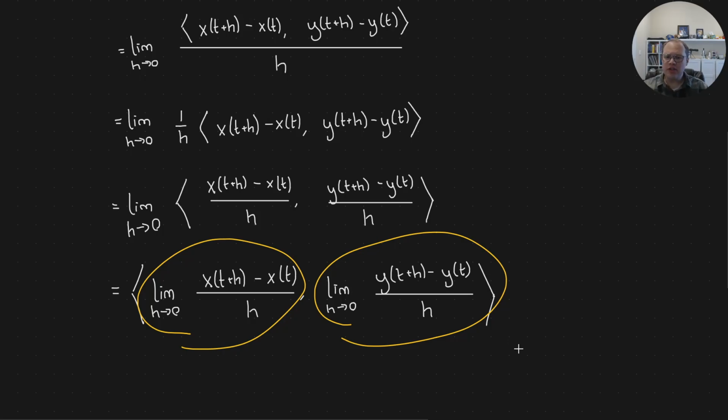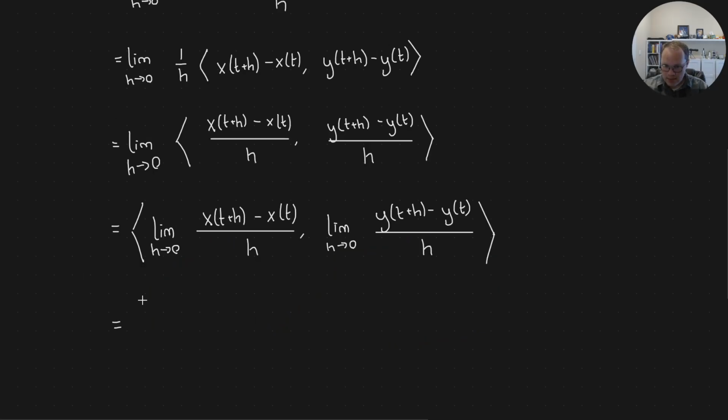Those are the definition of the derivative, and not even the definition of a derivative of a vector-valued function. x of t and y of t are scalar functions. I'm taking in a t and spitting out one value, either the x value or the y value. So when I put it in a form like this, this is just a traditional calculus 1 derivative.